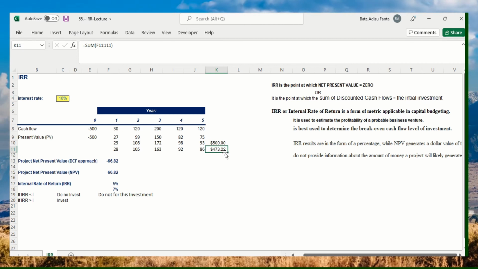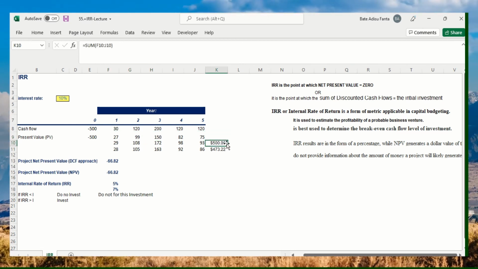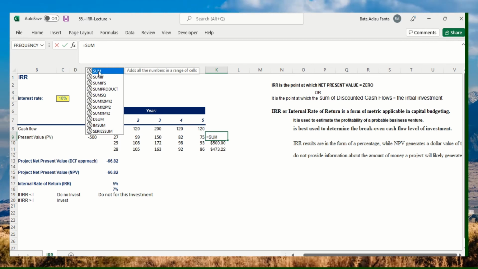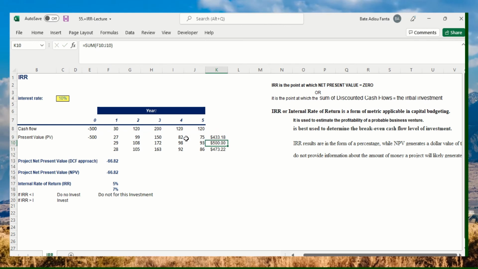That means it will not cover our initial cost. So we should not go for a cost of capital more than 5%. That's why, if we go for this 10% cost of capital or interest rate, its value cannot cover the total initial cost, which is less than 500.